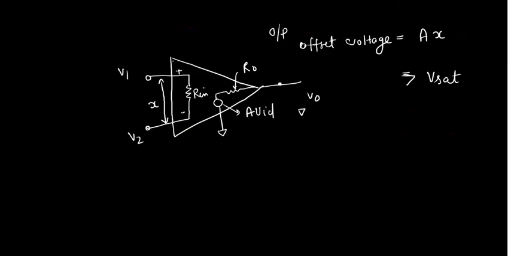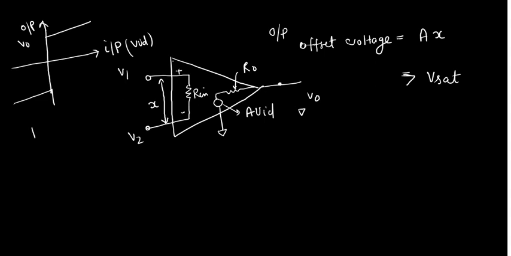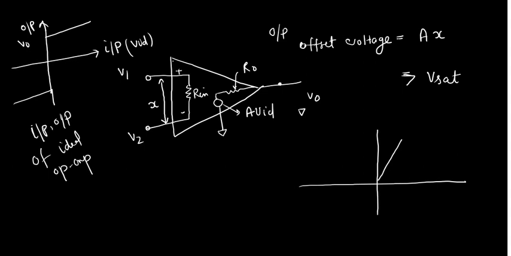Correct? See, this is the input output characteristic of your ideal amplifier. Input means VID, output is V0. Input output characteristic or transfer characteristic, maybe we call it, of ideal op amp. You apply VID as input. This is the ideal scenario, right? Practical scenarios. A is infinite now.